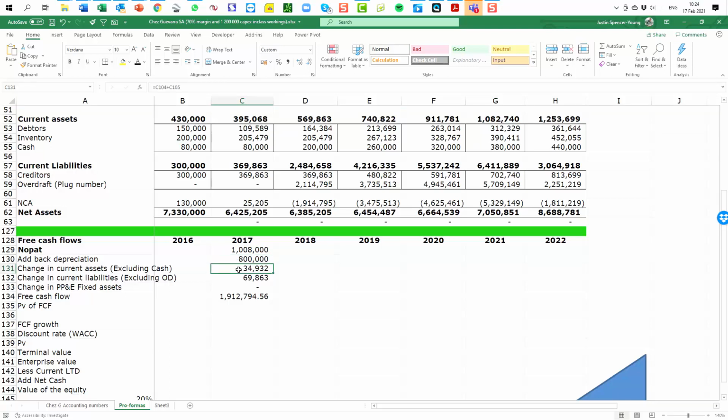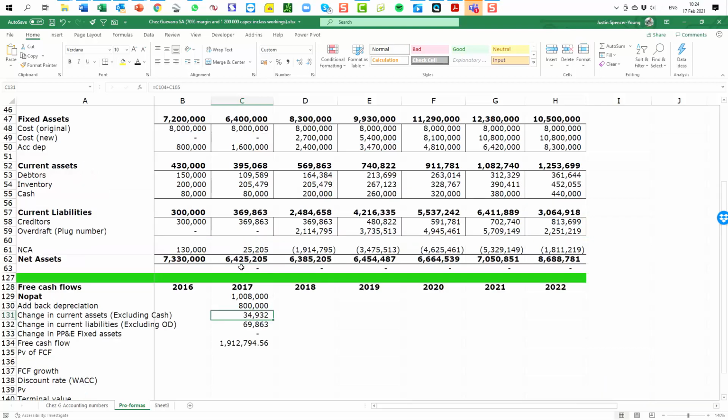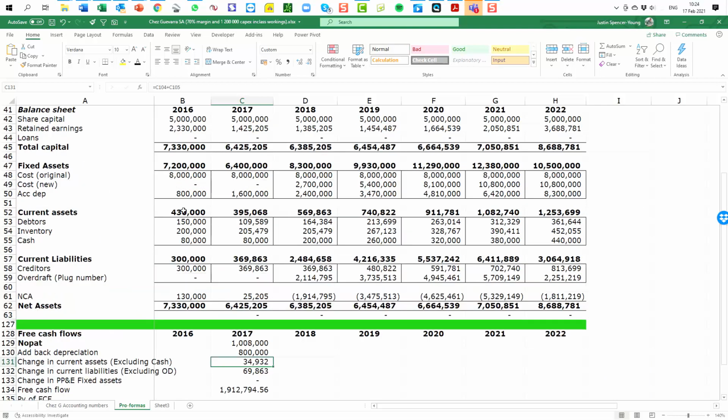All right, so the next step is to see what is the change in the current assets excluding the cash component. So why are we looking for the change in the current assets? Well, effectively what we're looking for is to see whether the debtors and inventory, just those components, are increasing or decreasing.